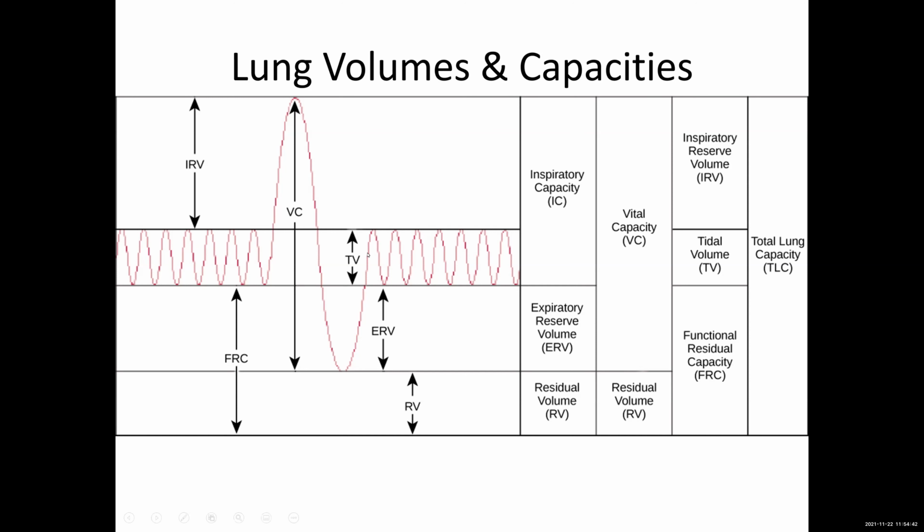So you can see from this figure that these small inhalations and exhalations don't represent the entire volume of our lung space. In an adult, that amount of air that we could typically inhale and exhale is about 500 milliliters.